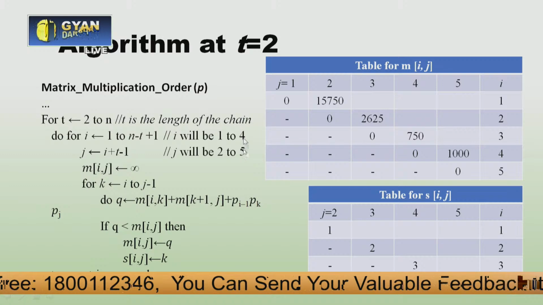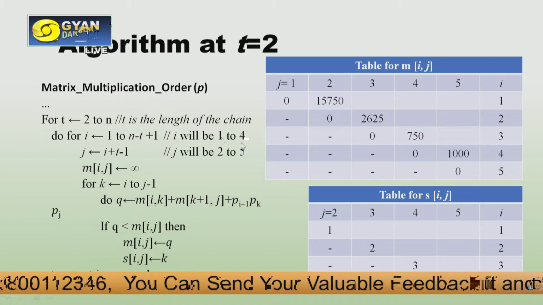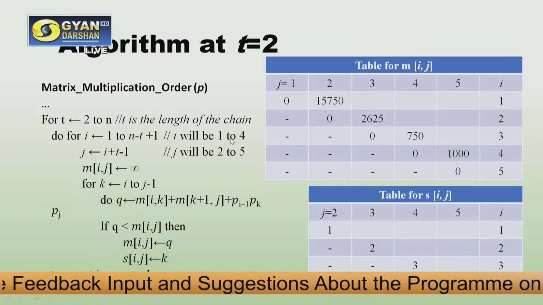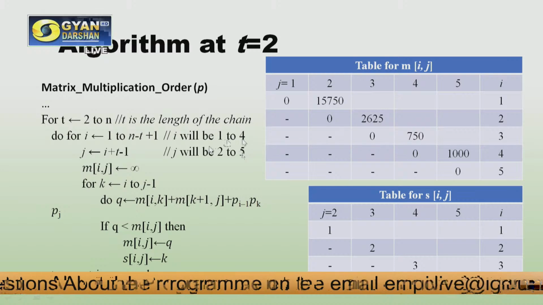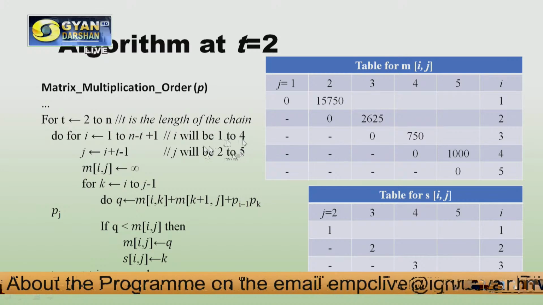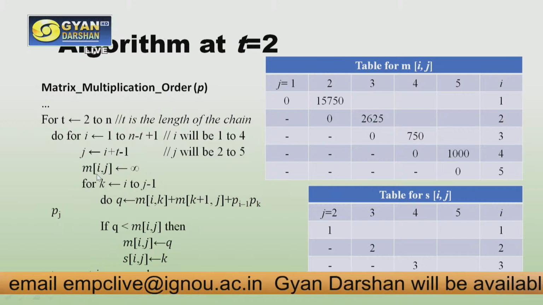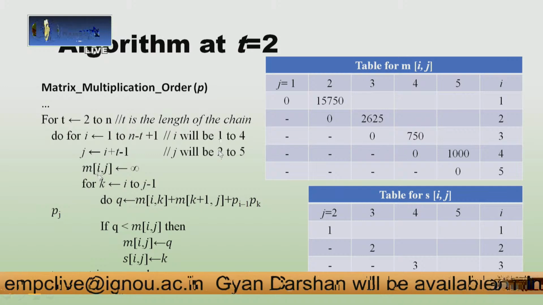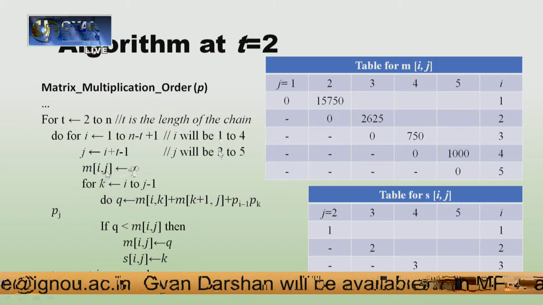When I is 4, J is 5. So this is the way this multiplication has to proceed. The first thing we need to do, let's take the first case, 1 to 2. So for M[1,2], we are assigning a value of infinity. We don't know that yet.